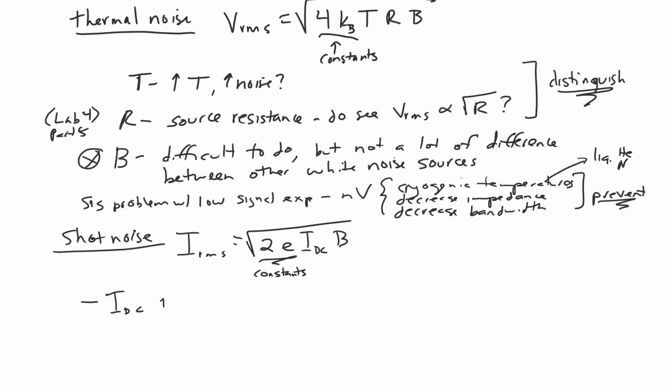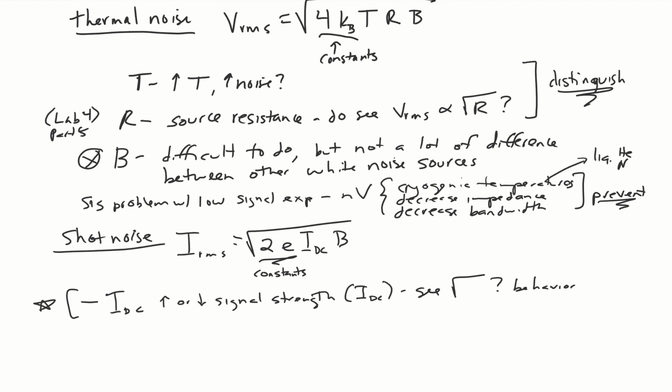So if you increase or decrease your signal strength, do you see a square root behavior? This is really the key way to distinguish shot noise here. If you're decreasing or increasing the amount of electrons going through, do you see that probabilistic dependence or change in the noise due to the quantum nature of those electrons?